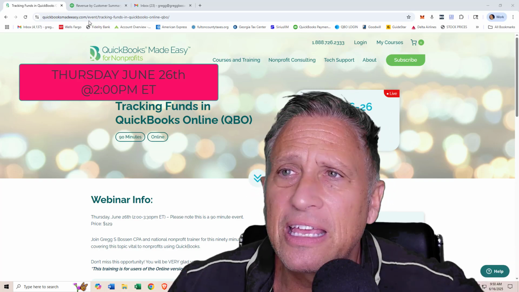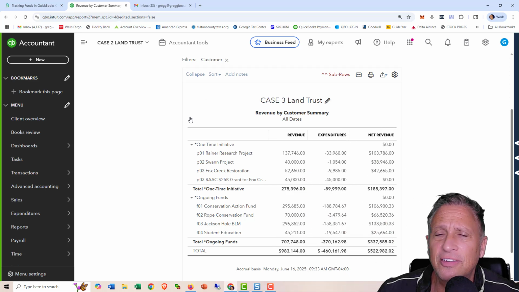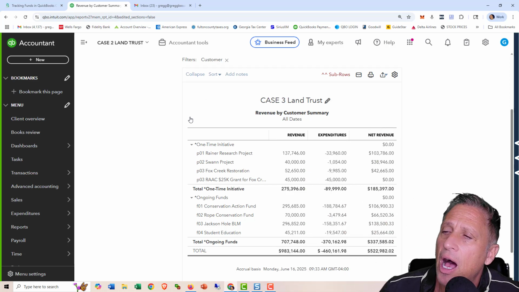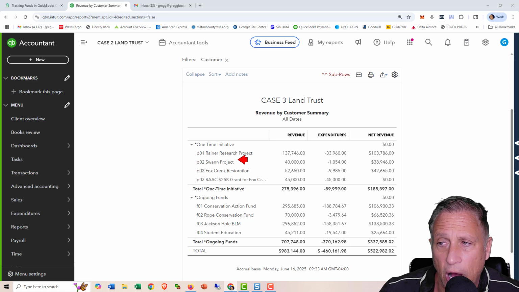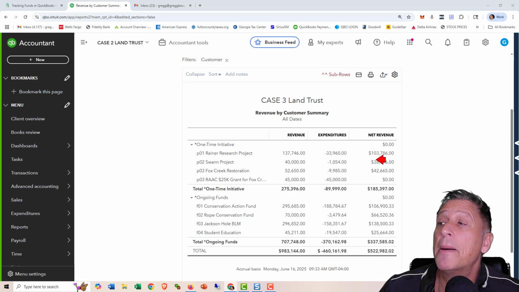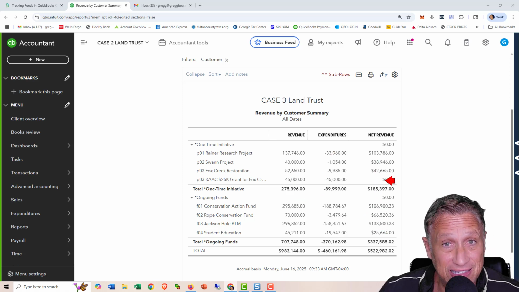So just to give you a little teaser, look at this. This is for a land trust. This is actually a real one that I did for a client, where we can see for each fund, the Rainier Research Project, the Swan Project, the Conservation Action Fund, we can see what's going in, what's coming out, and most importantly, what the balance is in the fund.